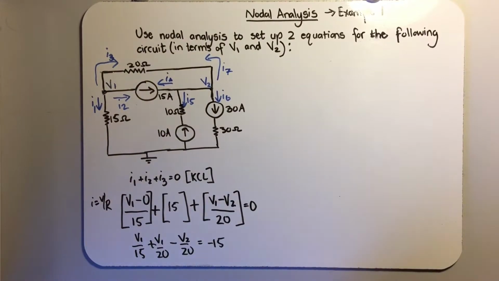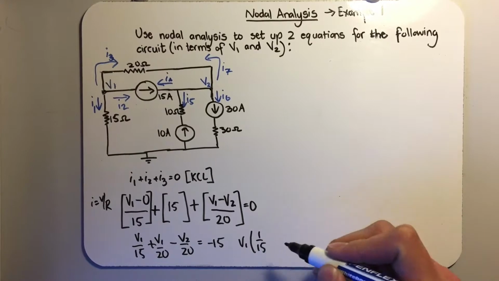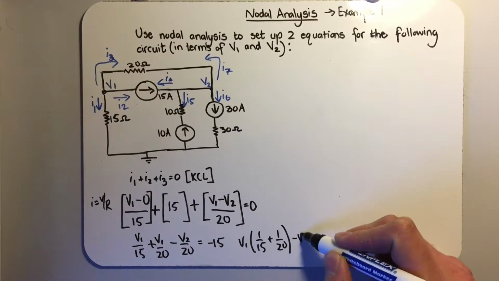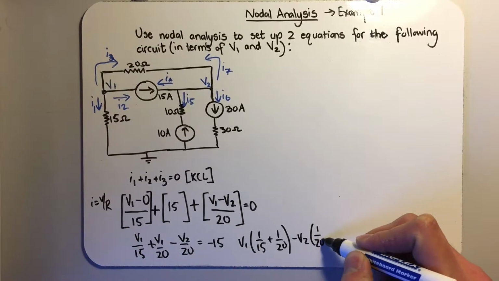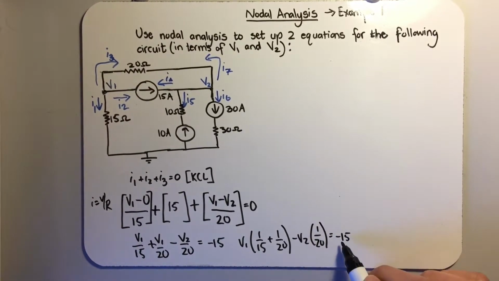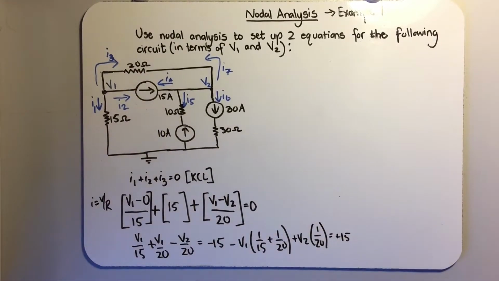You can simplify it further by grouping the V1, so you can say (1 over 15 plus 1 over 20) V1 minus V2 times 1 over 20 is equal to minus 15, and then you can of course multiply by the minus, which would give you that.